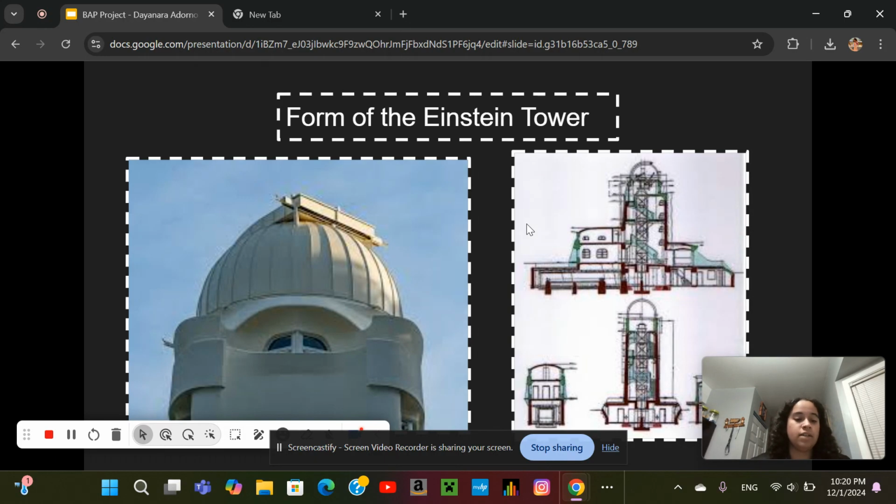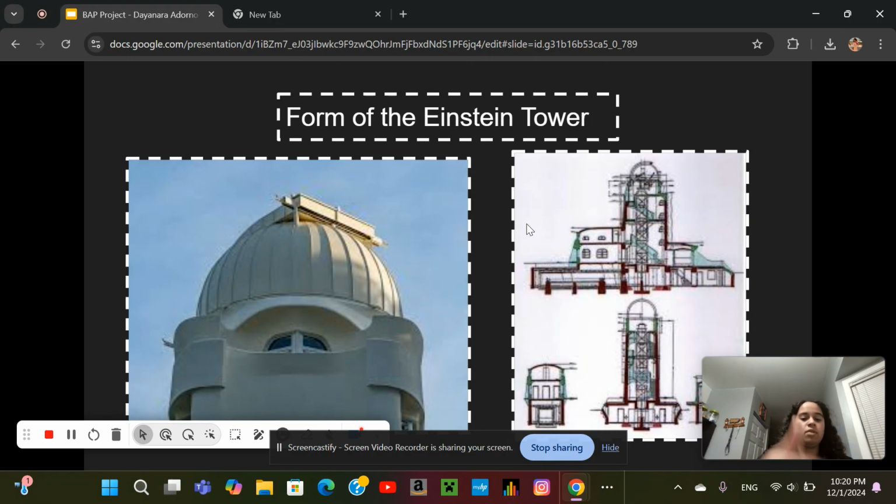So, the form of the Einstein Tower. The tower itself has a distinctive organic shape that reflects the fluidity of expressionist architecture. As you can see, the form of it has a pretty smooth texture. It is smooth and flowing, characterized by curving walls and a rounded, tower-like central structure.